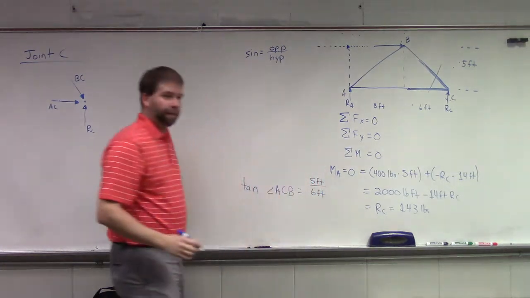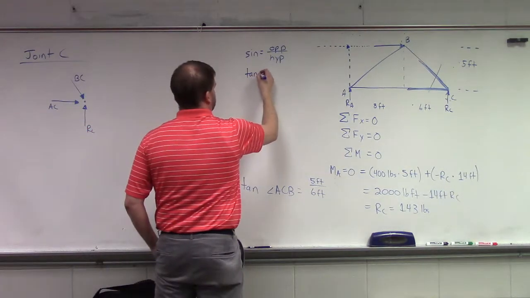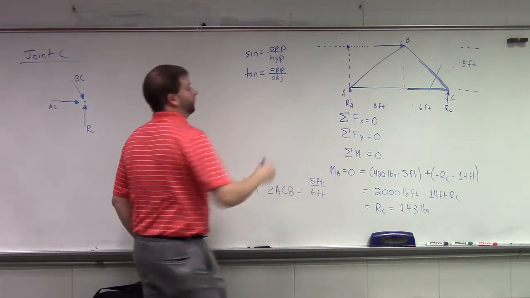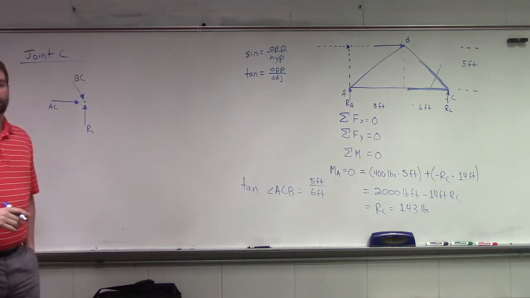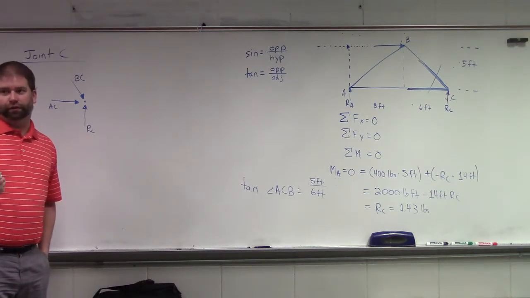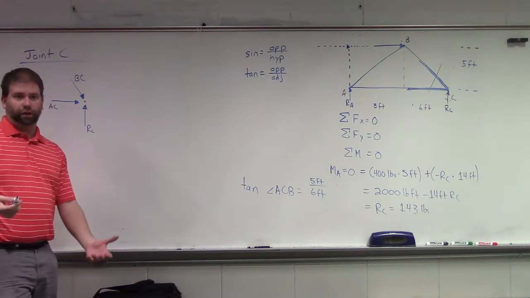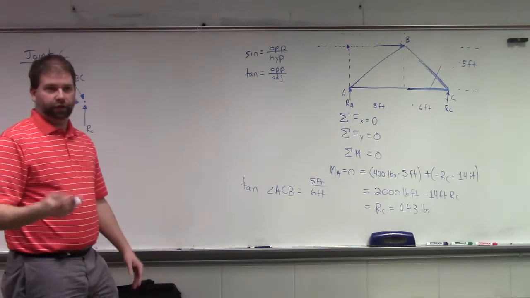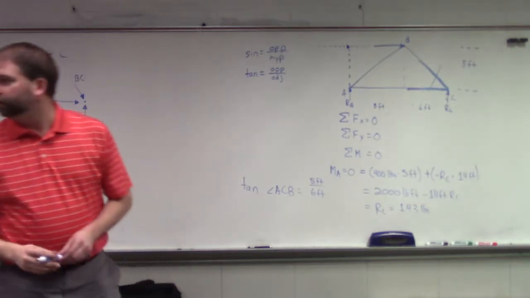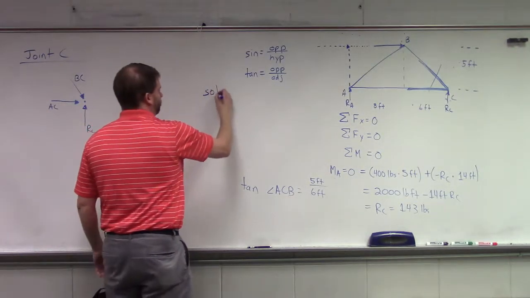So what is tangent mean again? It's really cheesy how I learned it when I was in middle school: if you stub your toe, SOHCAHTOA. Sine equals opposite over hypotenuse.